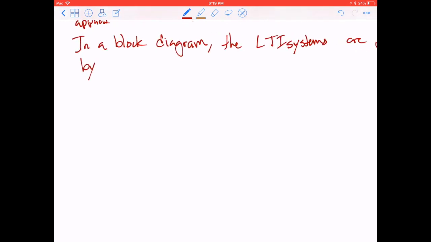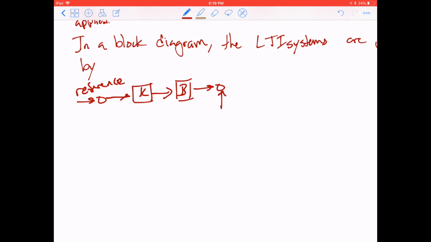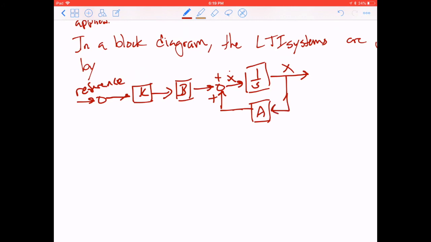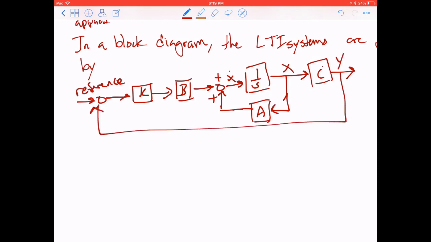We have a reference, and then that goes into our controller gain, K, which goes into our input matrix, B, and this is going to push into a summation block, the result of which is X dot. That goes through an integrator, which gives us X. That comes around, multiplied by A, right? So that's the feedback there, which gives us X dot. Then that X runs through our C, the output matrix, which gives us your output. And that's fed back to compare to the reference. Minus plus.